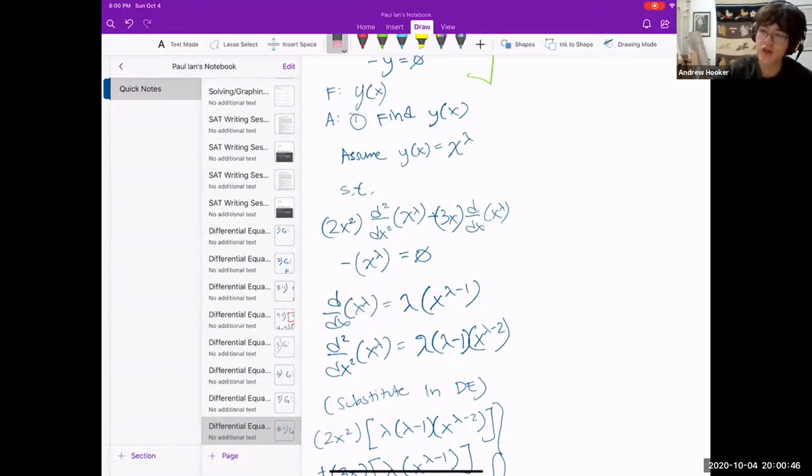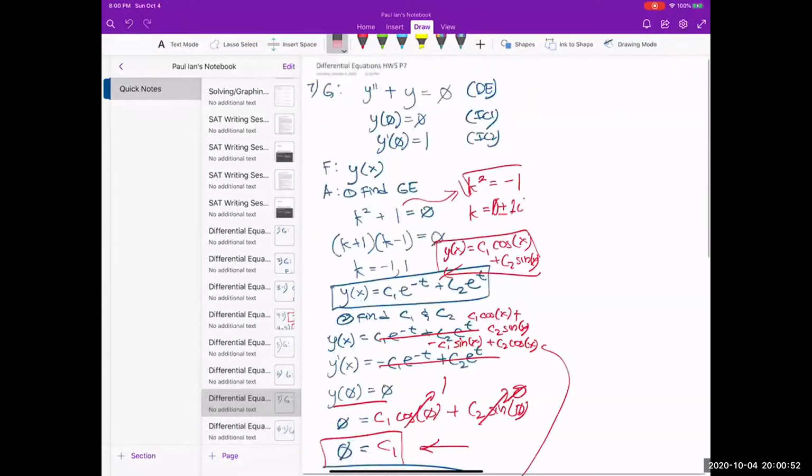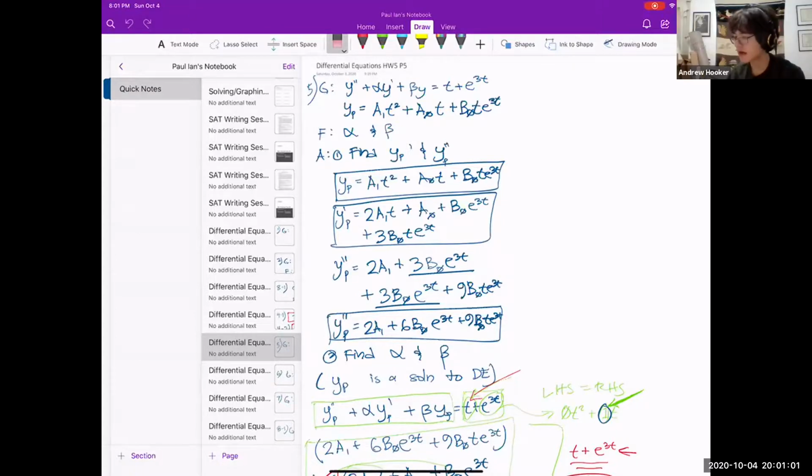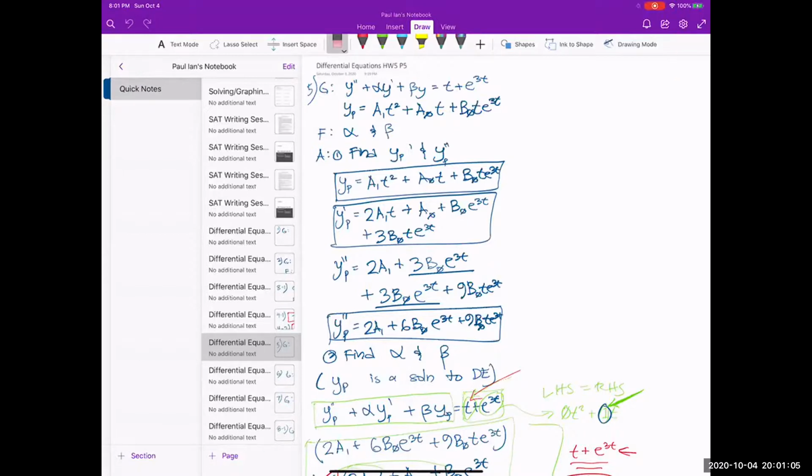I'm not sure. Test 2. I'll still do the T9 exercise and then T10. It doesn't look that bad, so I'll do that and then homework 6.